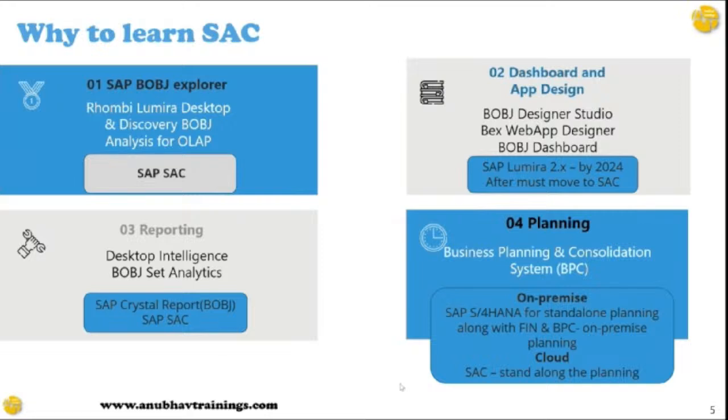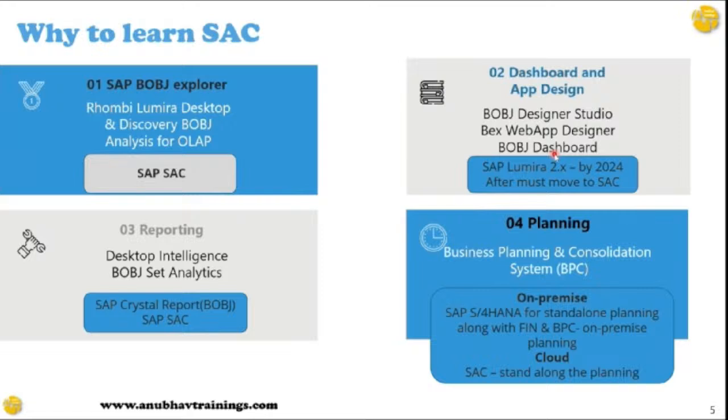If you are doing dashboard and application design using BOBJ Design Studio, Web Application Designer, or the BOBJ Dashboards option, then the technology depends on Adobe Flash, and in 2020 Adobe ended support for Adobe Flash. So it is mandatory for every company now to migrate out of BOBJ Design Studio and these applications.